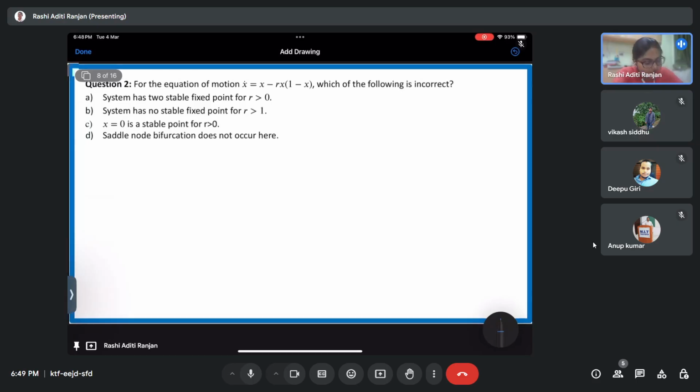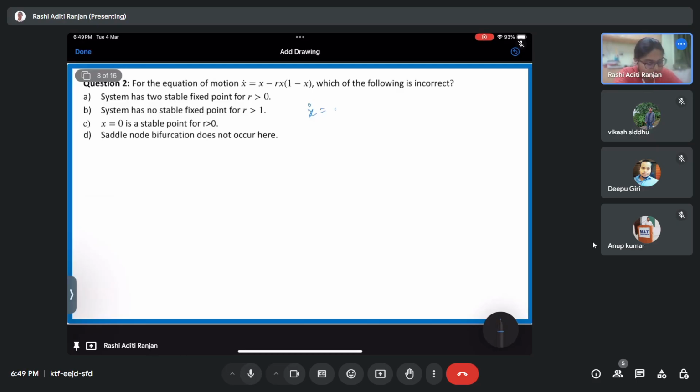So we have this equation. Now, if I want to find the fixed points, what will I do?